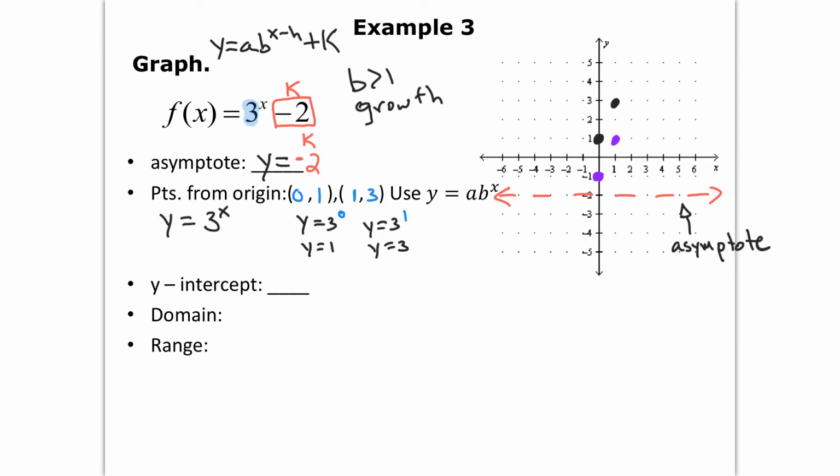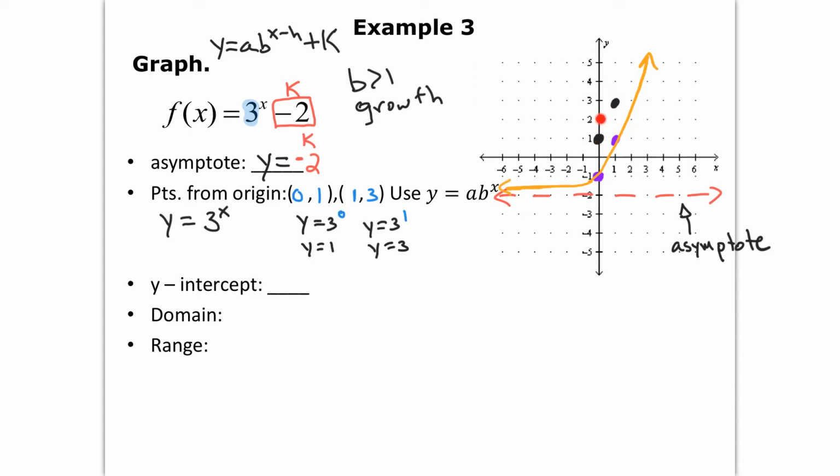So I'm going to connect those points, making my exponential growth. So I'm going to start from the left side of the graph, close to the asymptote. I'm going to go to the right. Notice I'm doing my graph. I make a curve. I connect the purple points, and I go up because it is an exponential growth.